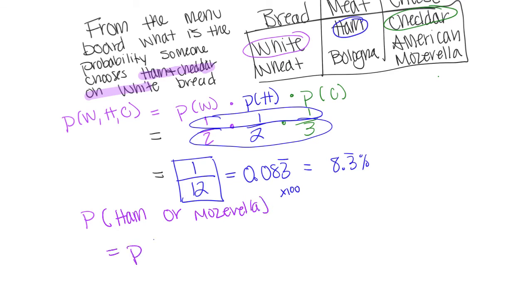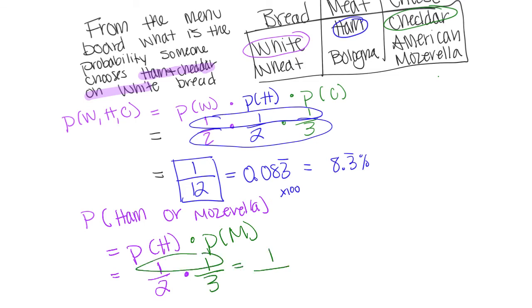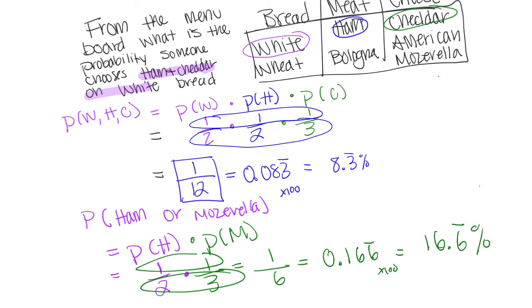I'm going to take the probability of ham times the probability of mozzarella. 1 choice is ham out of 2 meat choices, times mozzarella is 1 out of 3 meat choices. 1 times 1 is 1, divided by 2 times 3 is 6. 1 divided by 6 is 0.166 repeating, times 100 to make it a percent is 16.6 repeating percent.